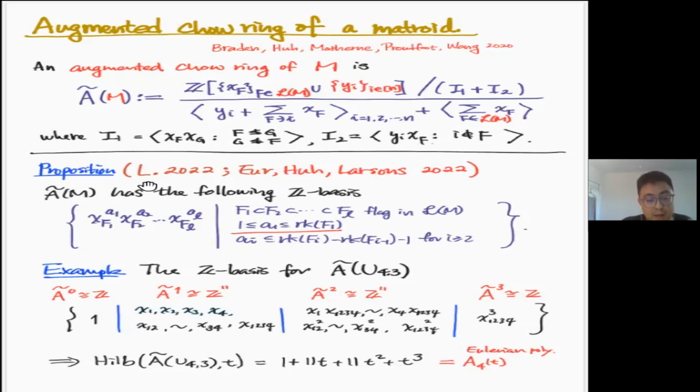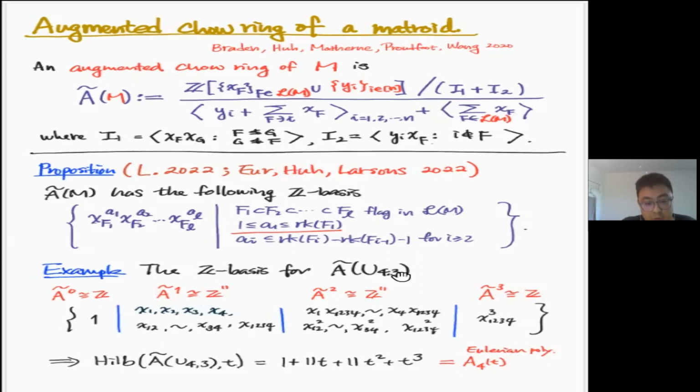In my previous work, and also independently by Chris Eur, Jiang He, and Matt Larson in 2022, we showed that this augmented Chow ring has the following expression for its Z basis. It's similar to the Chow case, just that the monomial's first term has a different condition, this A1.